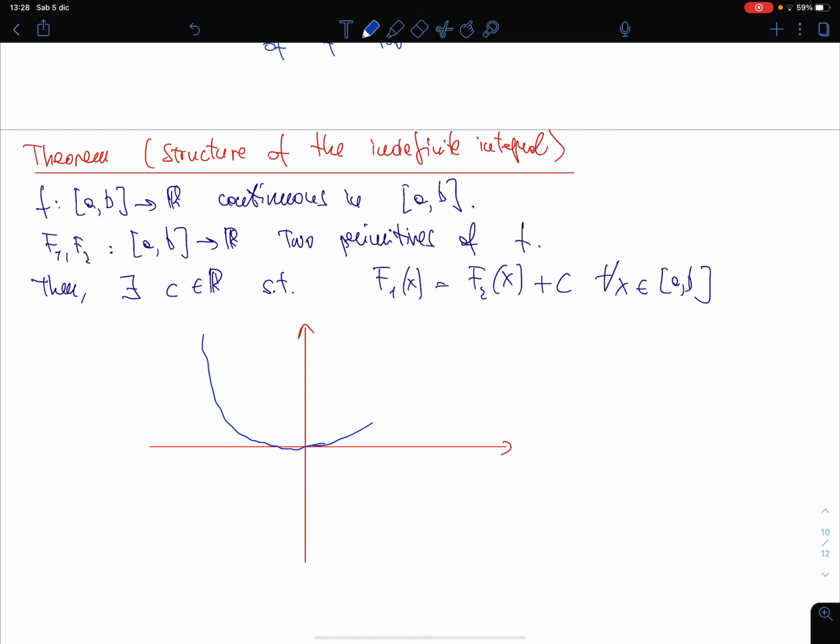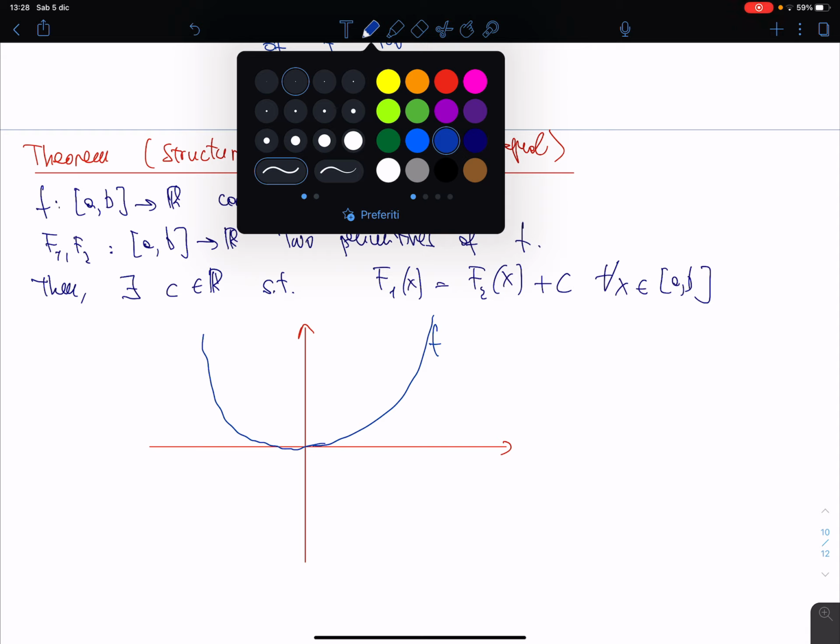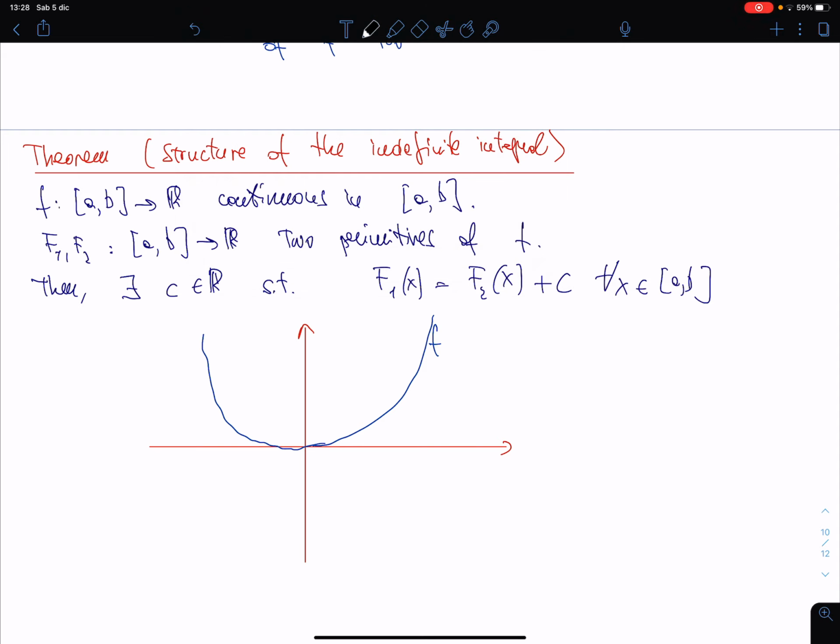This is f. Then you know a primitive, for instance, this black function here, capital F1.